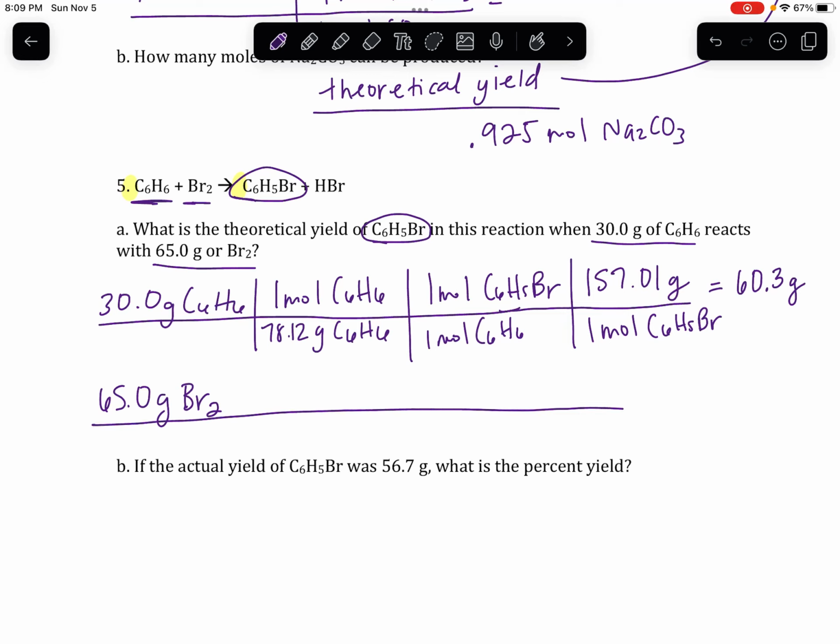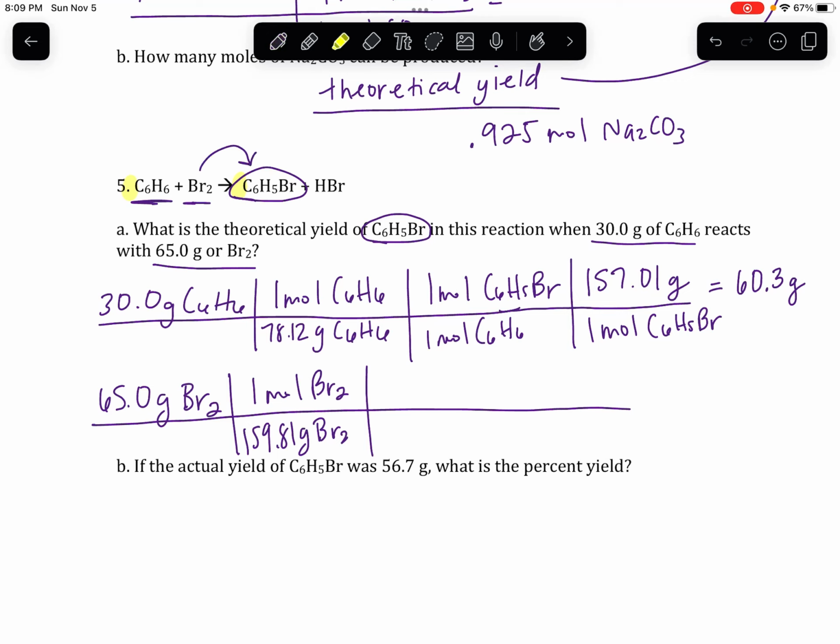So now I just have to do the same thing with bromine. Okay, again, I'm in grams, so I have to use that periodic table to convert to moles. So when I add up two bromines, I get 159.81. Now that I'm in moles, now I can go from here to here.